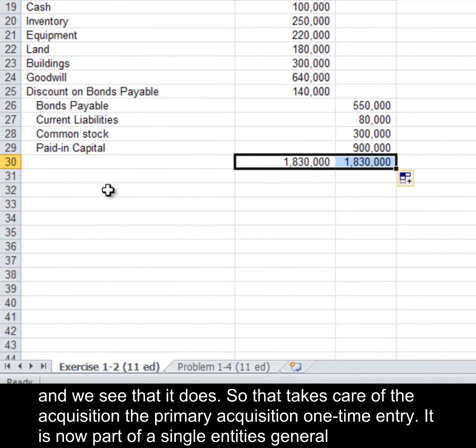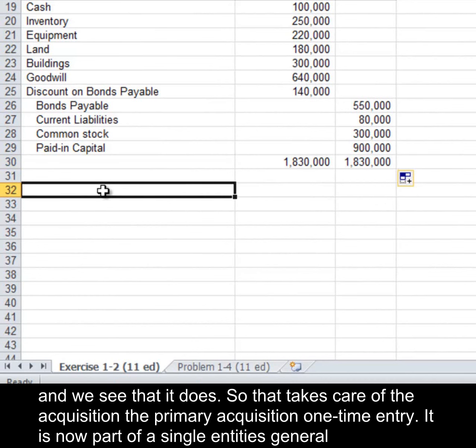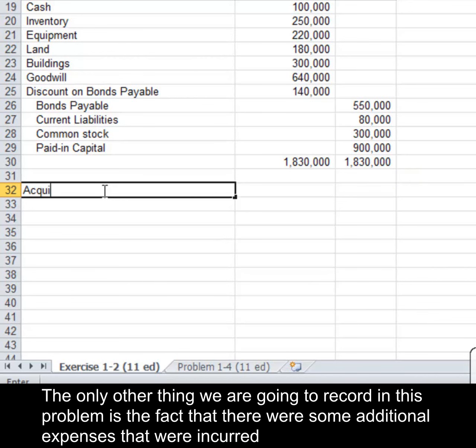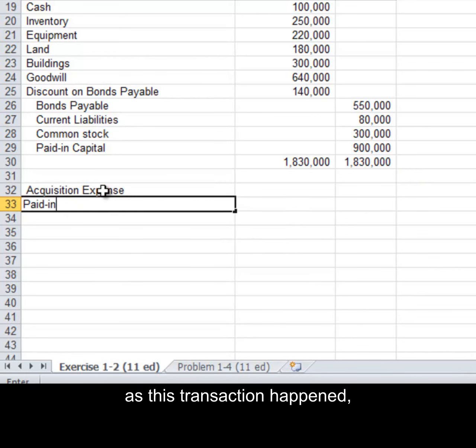So that takes care of the primary acquisition, a one-time entry. It is now part of a single entity's general ledger and books, nothing else has to happen. The only other thing we are going to record in this problem is the fact that there were some additional expenses incurred as this transaction happened.